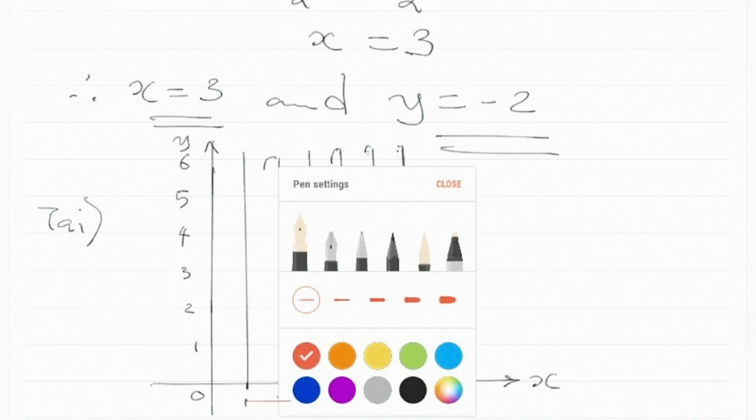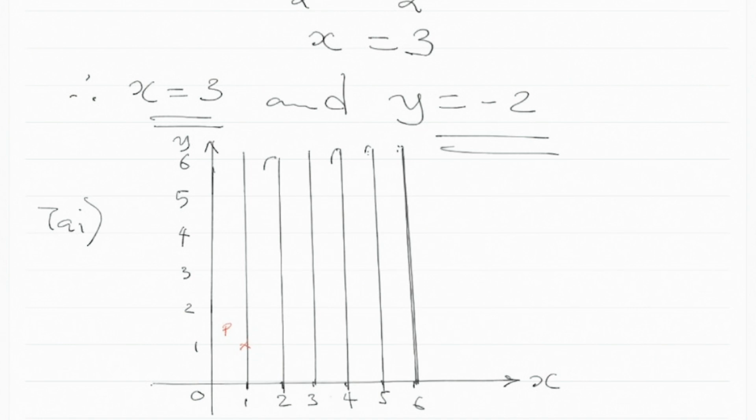This would be my point P. Then you go to the point (3, 4). On your x-axis, look for 3, and on the y-axis where 3 and 4 meet, it's right there. So this is the point Q, (3, 4).